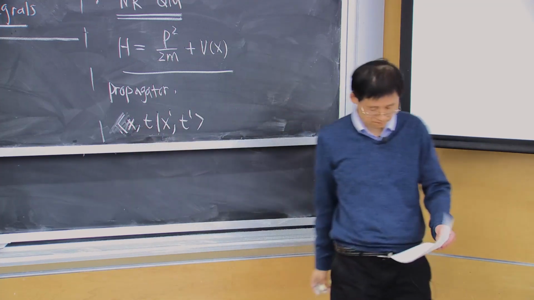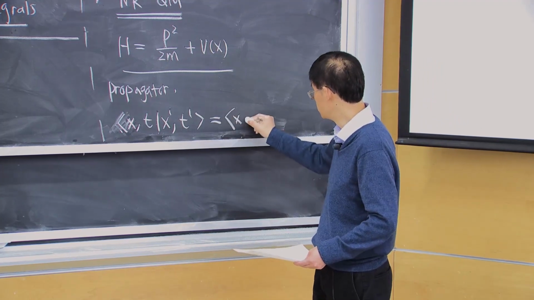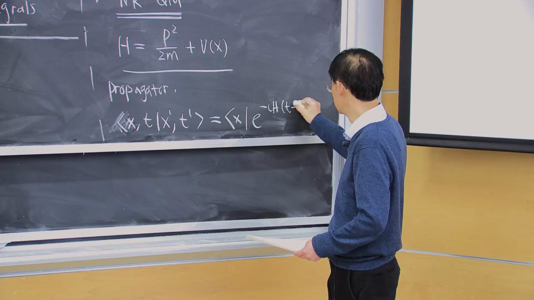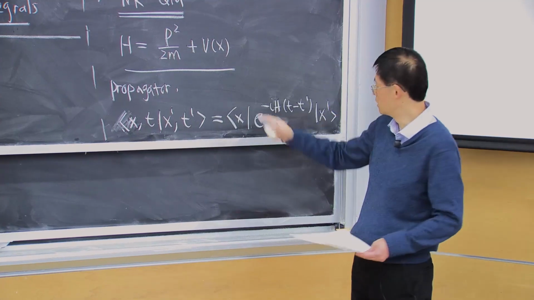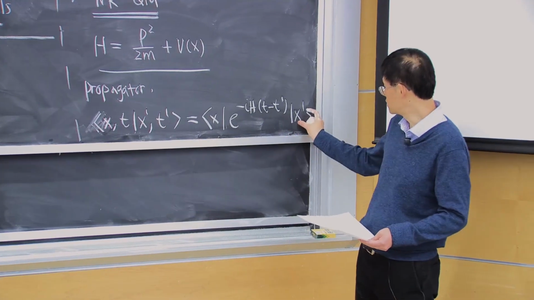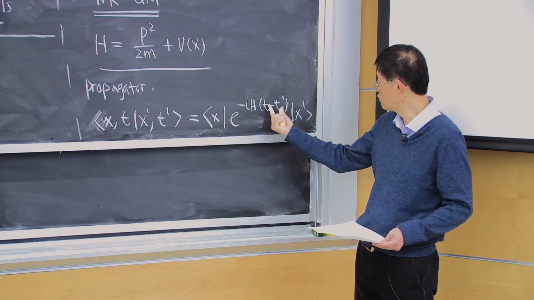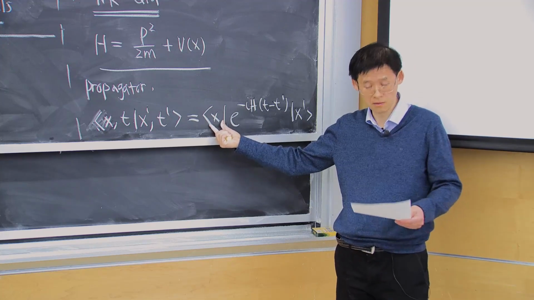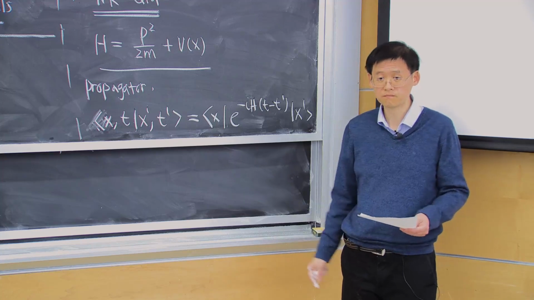And this can also be written in the Schrodinger picture as this: you start with the position eigenstate at x prime, then you evolve for t minus t prime, and then you ask for the overlap with x.